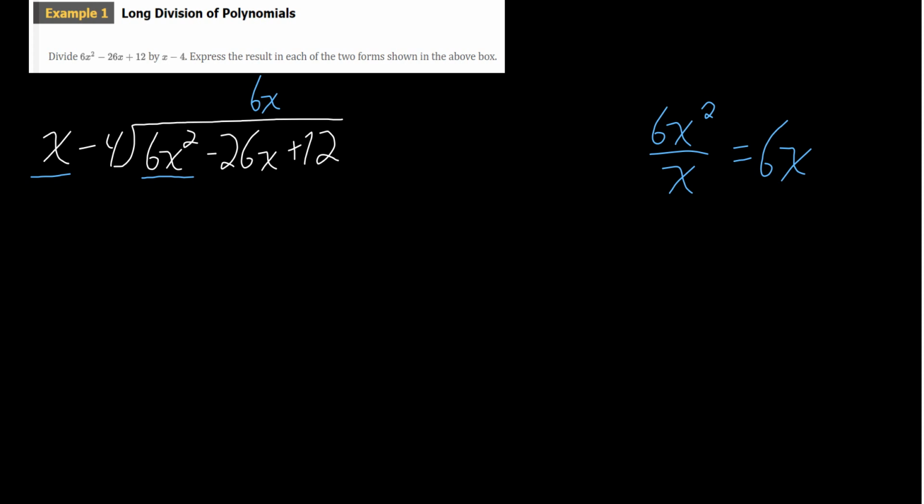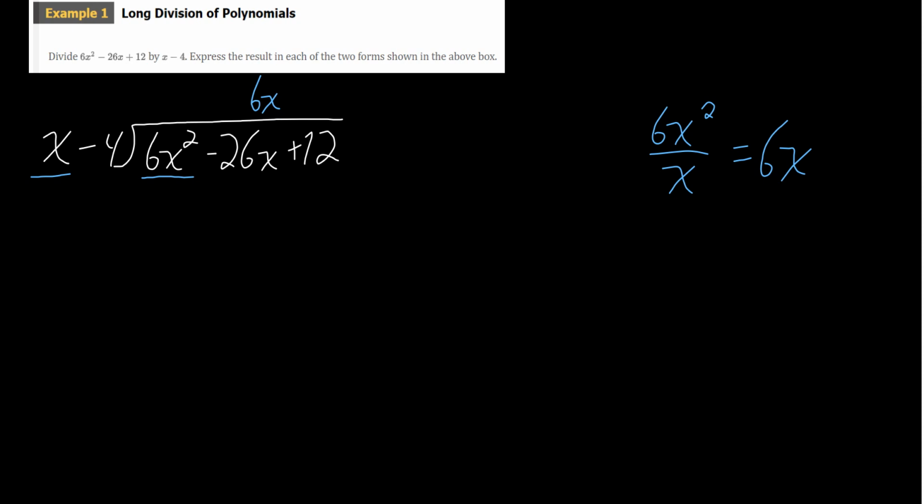Okay, so anyways, now what we're going to do is multiply this 6x by this x. Well, what is 6x times x? Well, that is 6x squared. So we're going to put 6x squared.